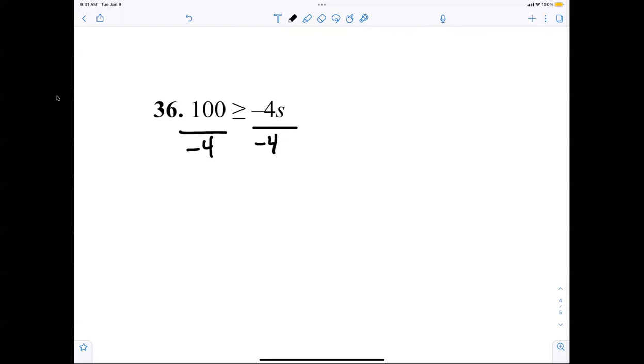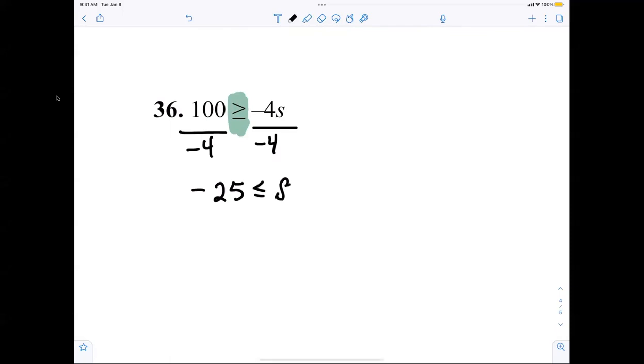Quarters, how many quarters in a dollar? What kind of 25 though? Positive divided by a negative, is it? Yeah, there you go. Negative 25. Now, did you divide by a negative? So what do you have to do? Yeah, flip that.